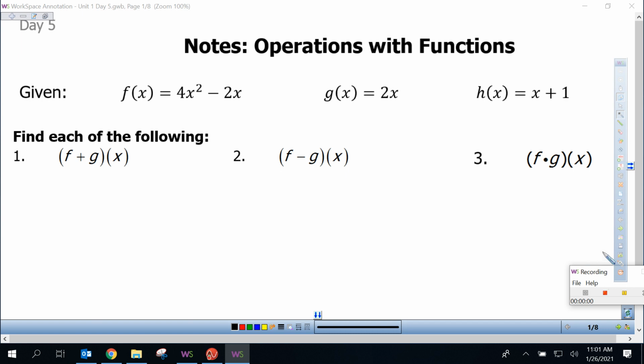So looking at number 1, what operation are we doing with f of x and g of x? We are adding them. There is an addition symbol between f and g. So another way we could write this would be f of x plus g of x.